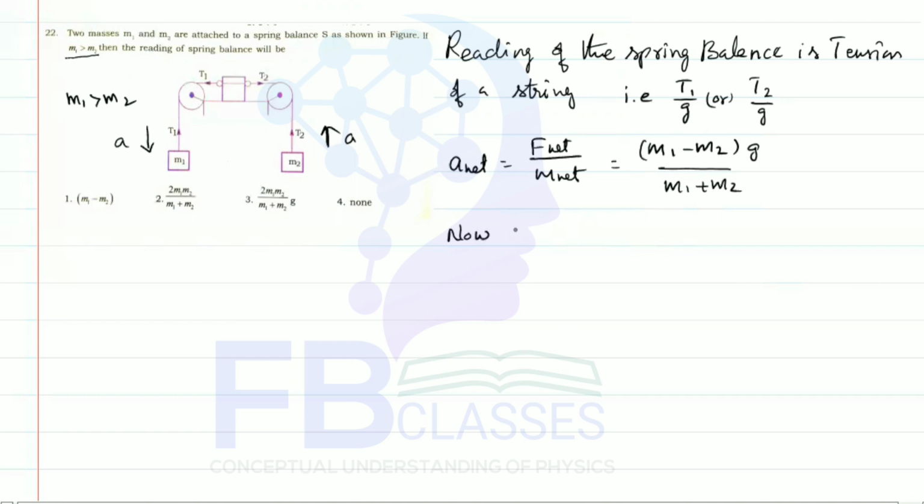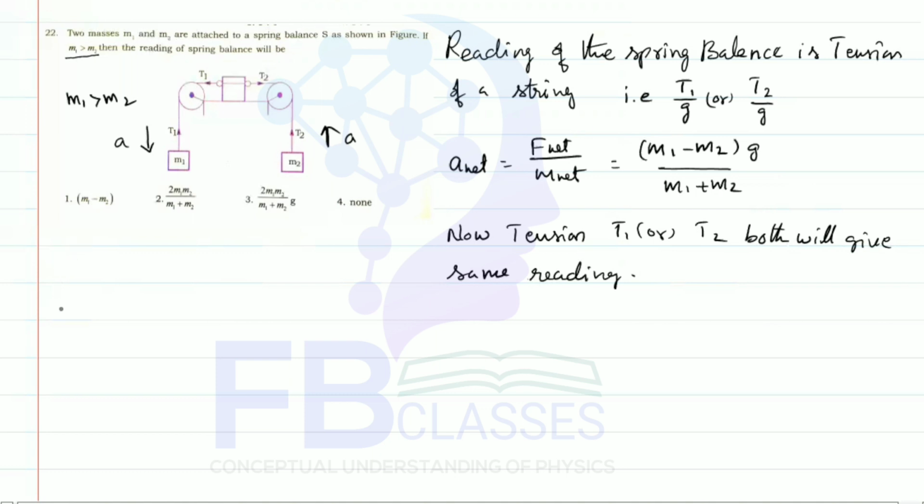So now we are going to find out the tension, T1 or T2. See here now, anything we can find out, no need to worry about it. If you want, we can find out both the things. Okay, don't worry, both will give the same answer, so both will give the same reading.